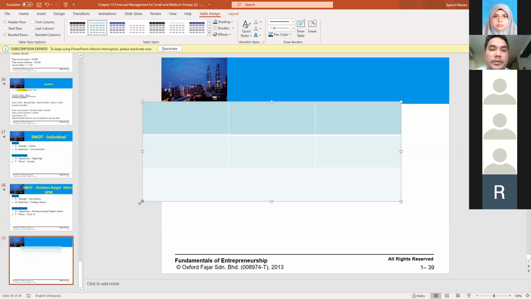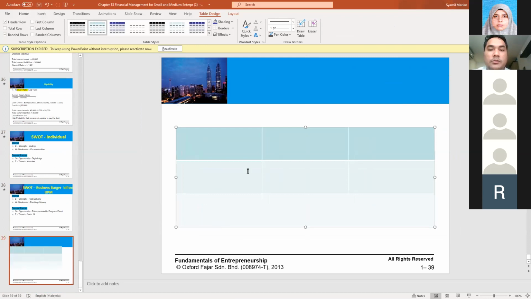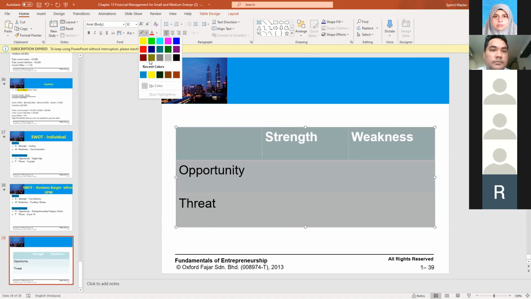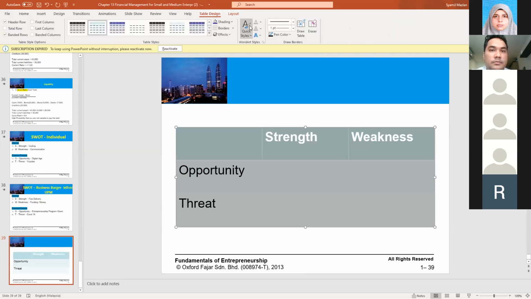After you first identify your SWOT, you will make it like this: strength, weakness, and this is opportunity, and then threat.